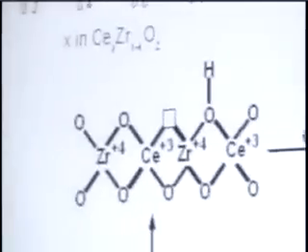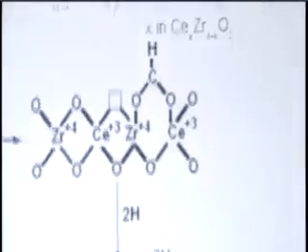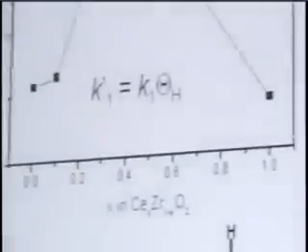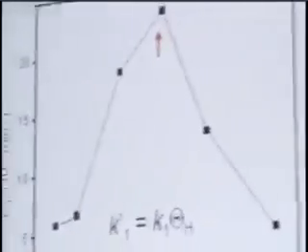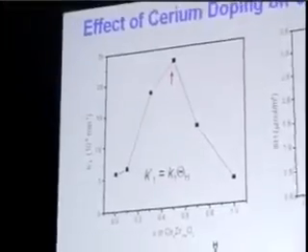So we're coming towards the end of the story here. Here we plot the apparent rate coefficient for that last step of making methanol. It's this step over here in the cycle versus the cerium content. You notice that goes through a peak. And that is not exactly like the peak in the hydrogen chemisorption capacity, but it's similar.